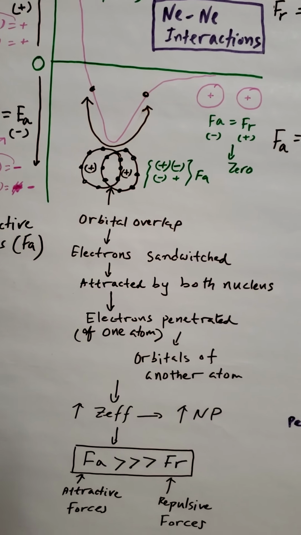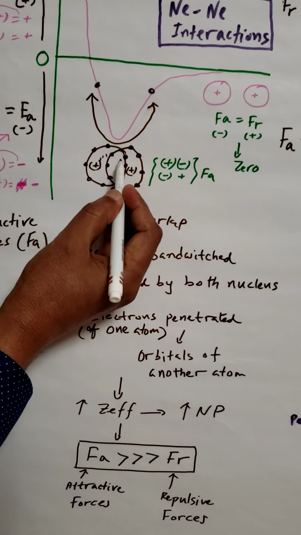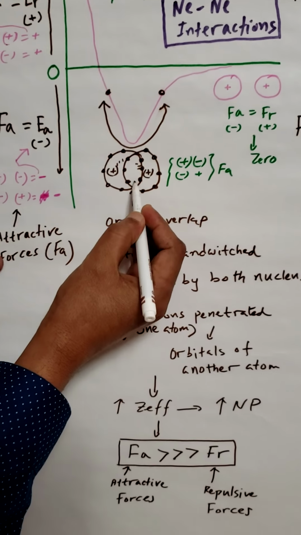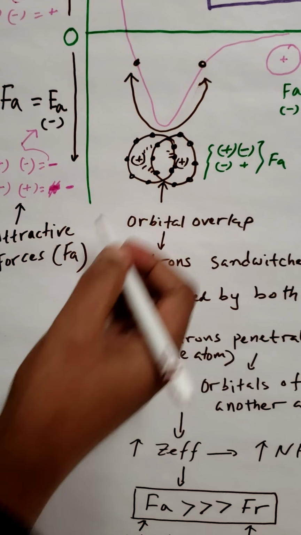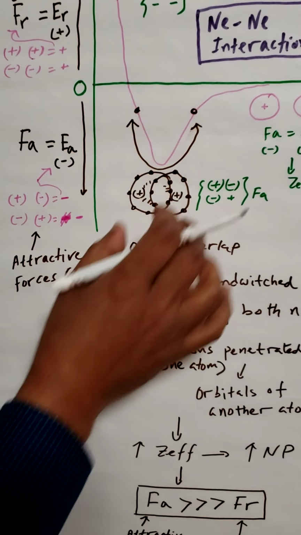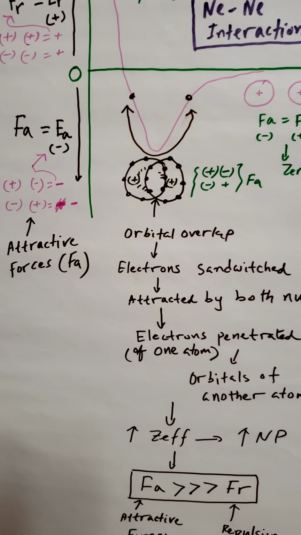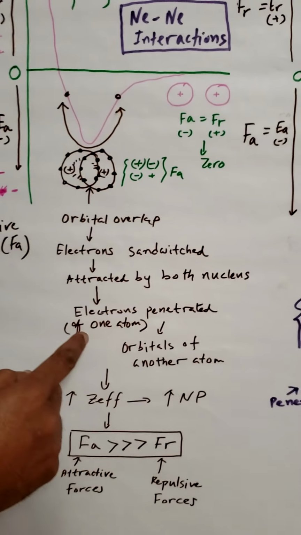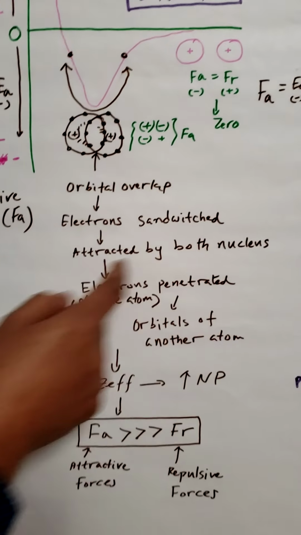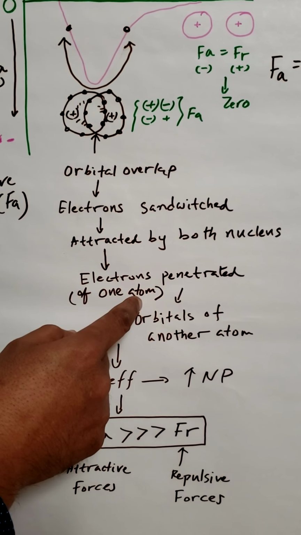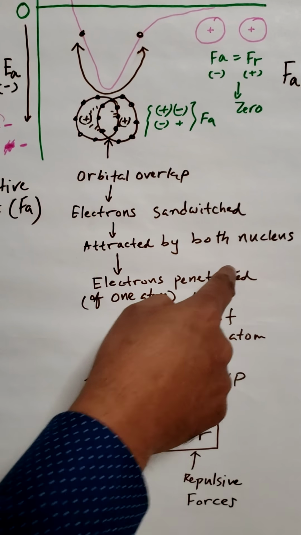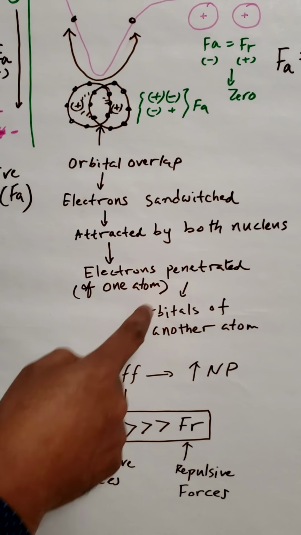So you have a lot of attractive forces working on the electrons, and electrons of one atom have penetrated the orbitals of another atom, right?